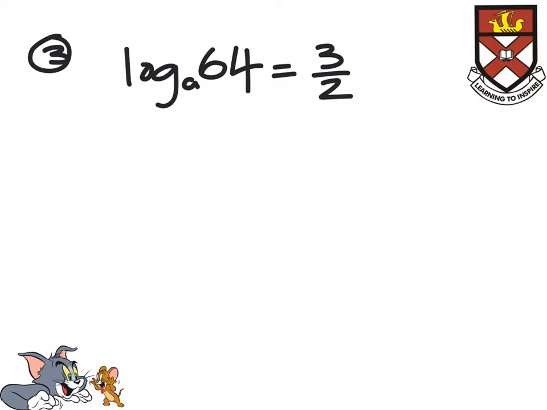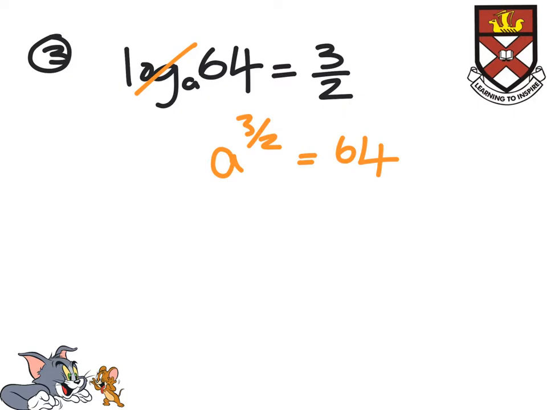Question 3, a log question. So log to the base a of 64 is 3 over 2. So how do I get rid of the log? The way I get rid of the log is to make a power. So a to the power 3 over 2 equals 64. Now that in itself is quite a complicated thing to try and actually solve.